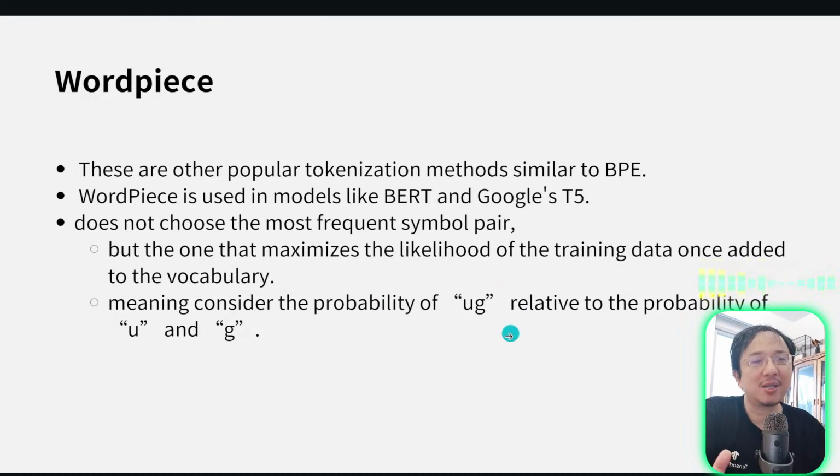So if it is significantly higher than 1 in a million, then we probably should consider it as a combination. So we not only consider the absolute number of appearance of these two letters, but we also consider the relative frequency comparing to the single characters constructing it. So that's the difference between WordPiece and BPE.